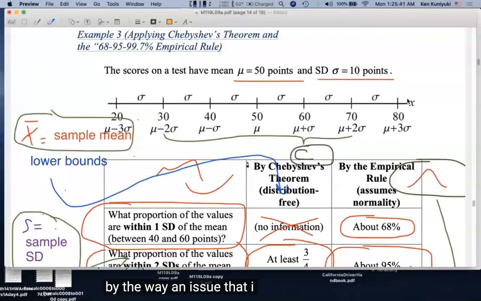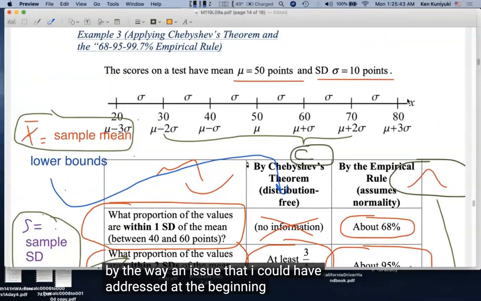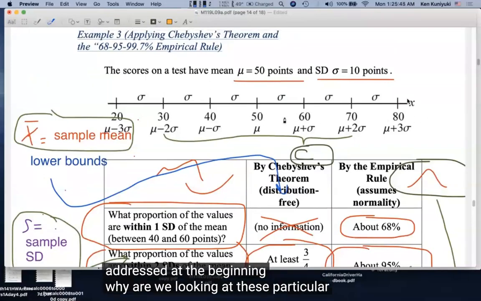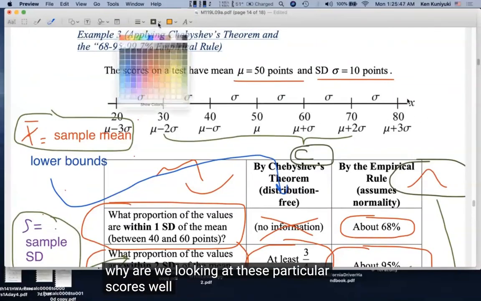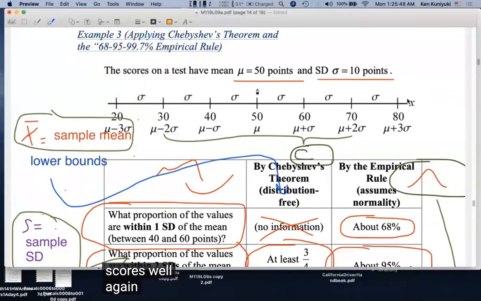By the way, an issue that I could have addressed at the beginning: why are we looking at these particular scores? Well, 50 points is the mean.